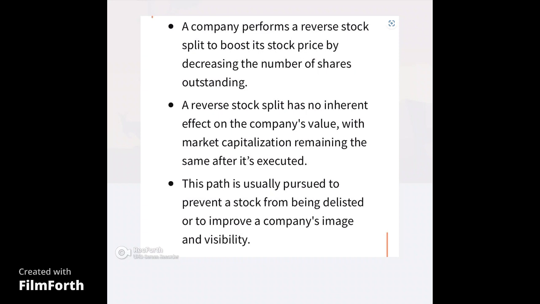Now, a company will perform a reverse stock split to boost its stock price by decreasing the number of shares outstanding. The benefit of this, guys, especially in heavily shorted stocks, is that they're now decreasing the float as well, so there are a lot fewer shares available.